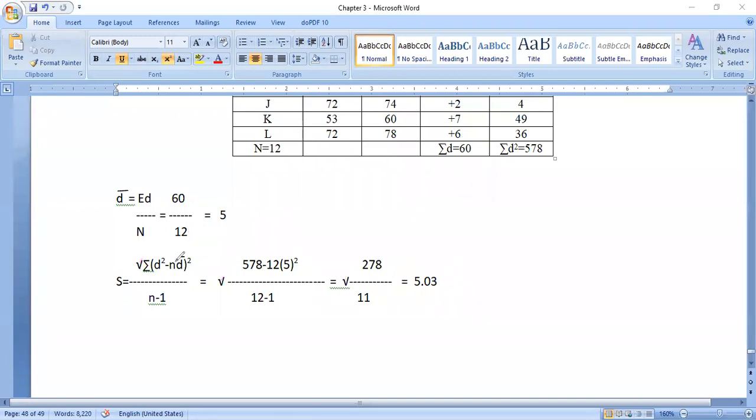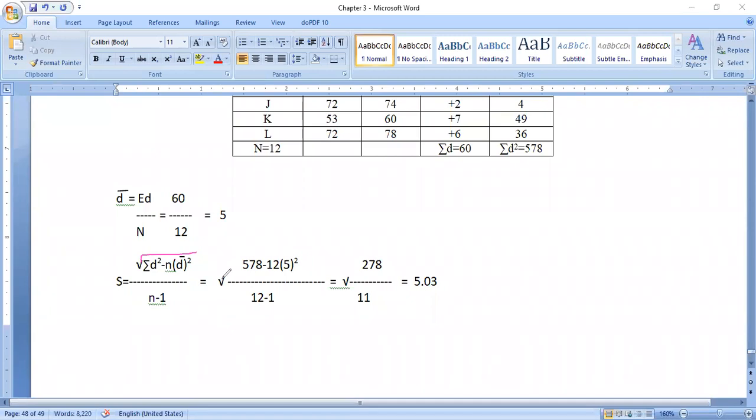So here, s value you observe once again: under root sigma d square minus n into d bar whole square.